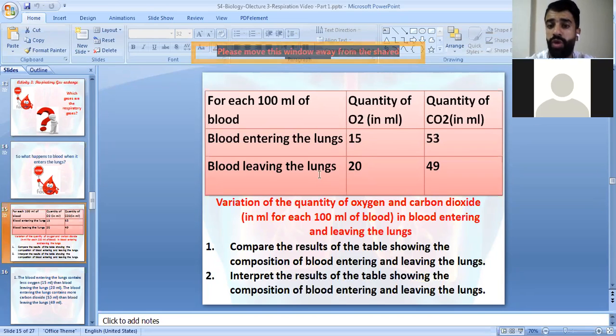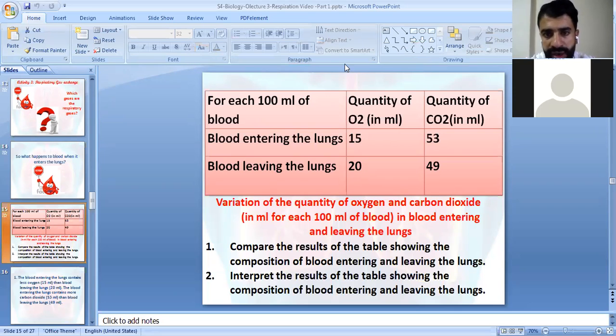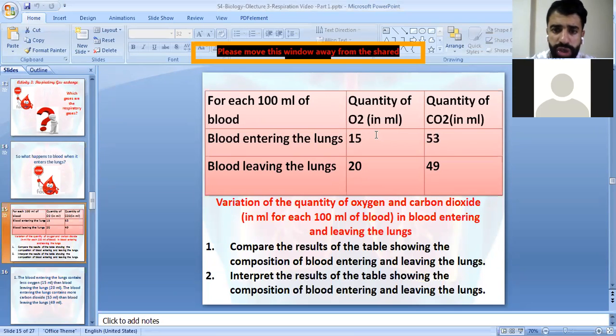So the quantity of O2 in the blood entering the lungs was 15 milliliter, which is less than that of the blood leaving the lungs, which is 20 milliliter.